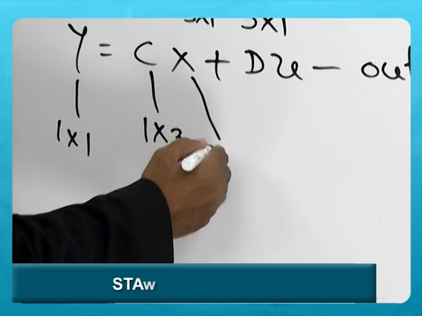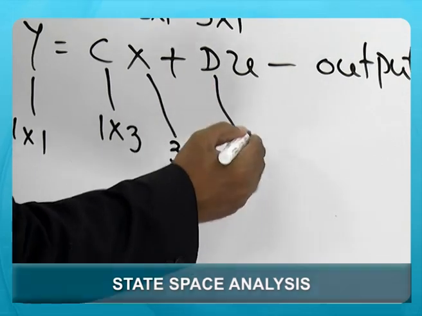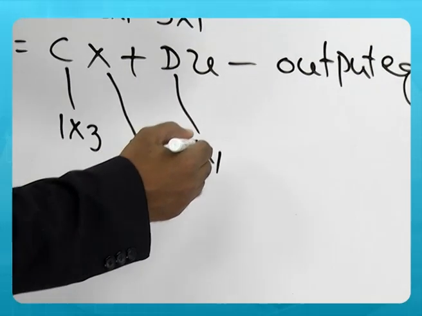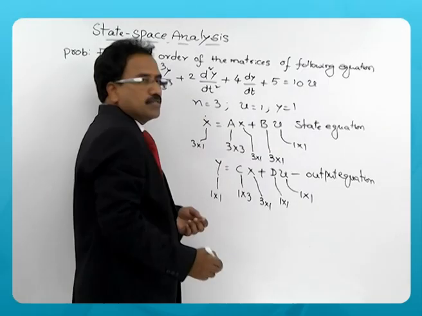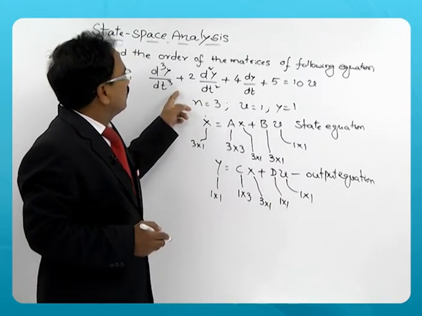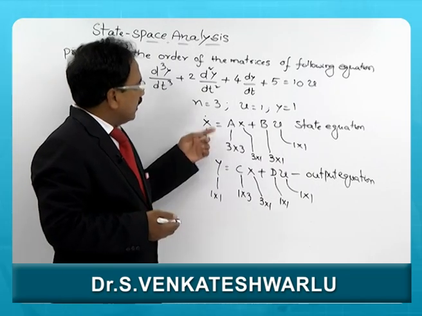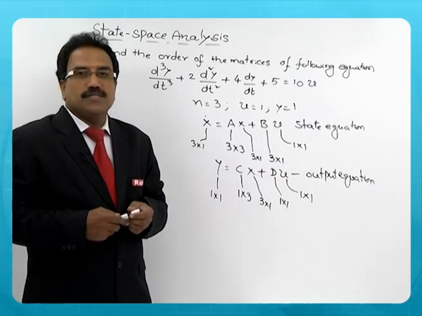X is a state vector, it is 3 cross 1, and D is the transmission matrix, it is 1 cross 1, and U is the input vector, it is also 1 cross 1. So when a differential equation is given, first we need to choose the number of state variables and from then write the state equations and give the order of the matrices.